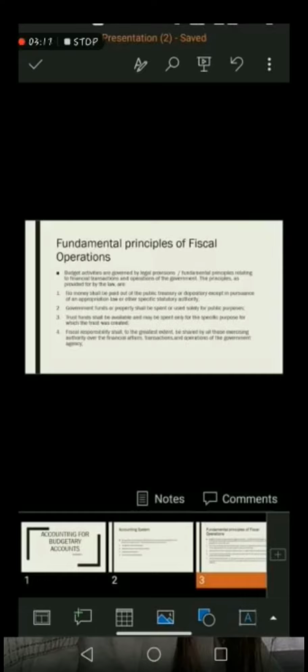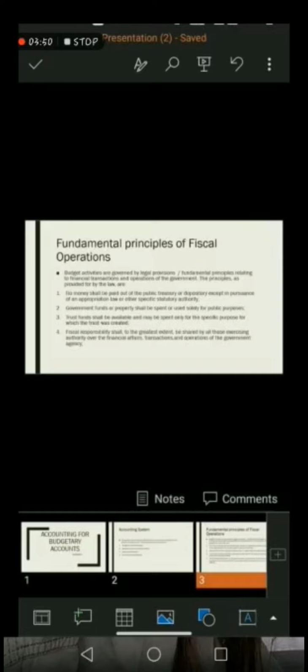Trust funds shall be available and may be spent only for the specific purpose for which the trust was created. 4. Fiscal responsibility shall, to the greatest extent, be shared by all those exercising authority over the financial affairs, transactions, and operations of the government agency.